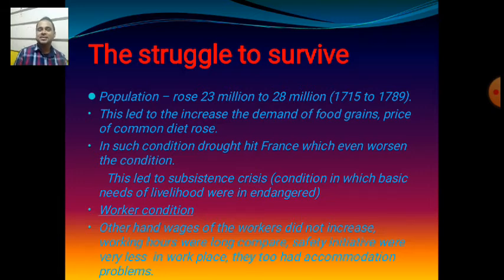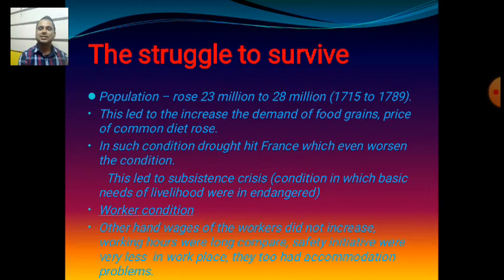But on the other side, because of this feudal system, the agricultural land could not be cultivated by the peasants, because most of this agricultural land was under the control of either the clergy or the nobles. So on one side the population is growing, on the other side the rate of production is very low, as most of the productive land is in the control of the nobility.